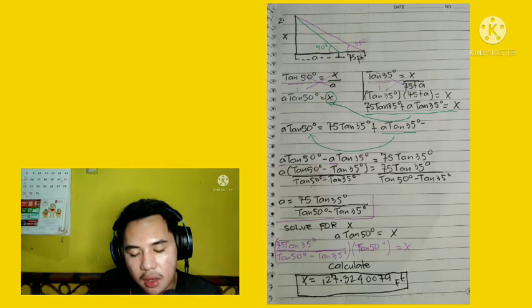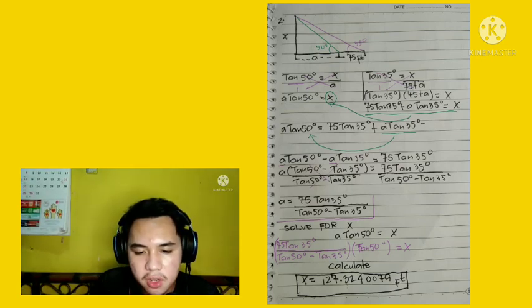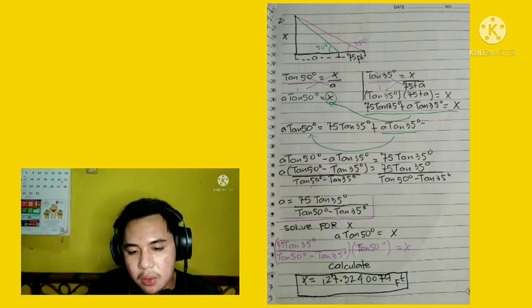So now we cross multiply, and we will get tangent 35 degrees times 75 plus a equals x. So multiply, and we will get 75 tangent 35 degrees plus a tangent 35 degrees equals x.